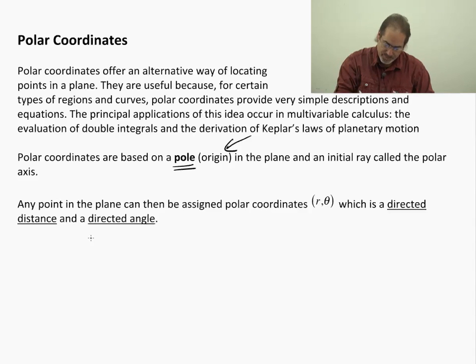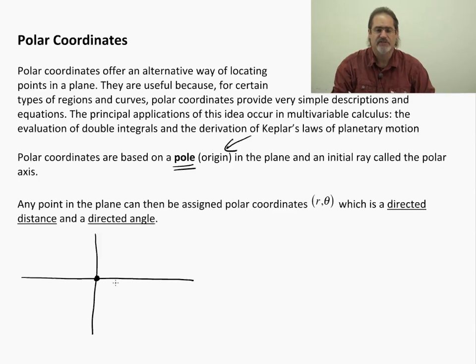So basically, if I think of my xy coordinates, I'm going to make the origin what we think of as x is 0, y is 0. And then my initial ray, called the polar axis, I'm going to go along the x-axis. Now from here, once I've identified this, I can take any point, like right here, what we think of as an xy.